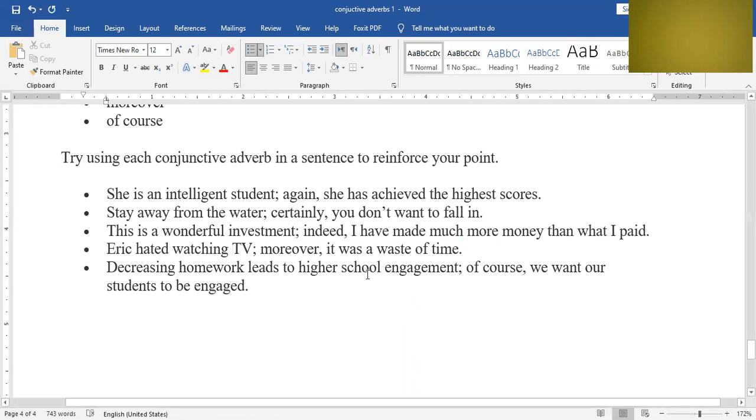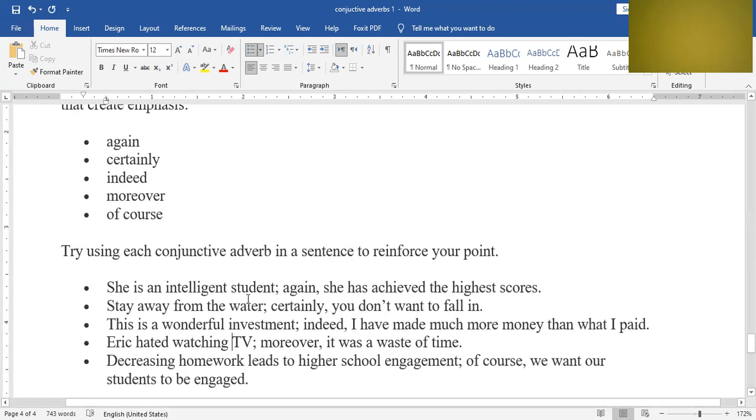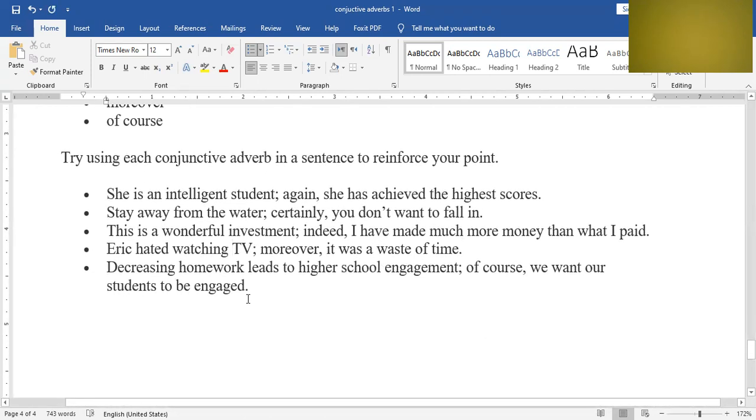Decreasing homework leads to higher school engagement. Of course, we want our students to be engaged. You emphasize the idea of decreasing homework. I'm sure that you like this idea, that you want a very few number of pieces of homework, because you think that students will be engaged.